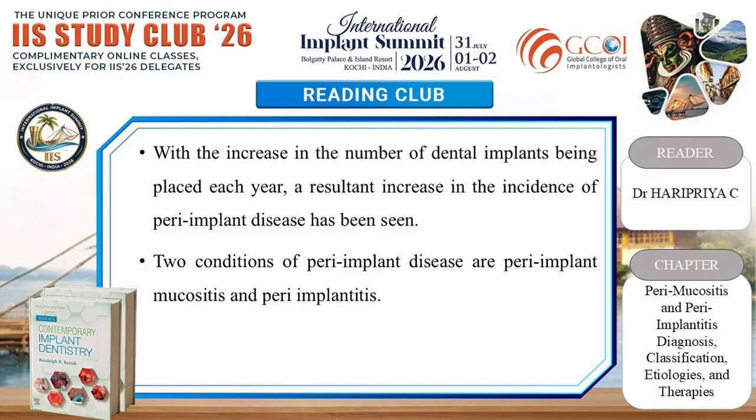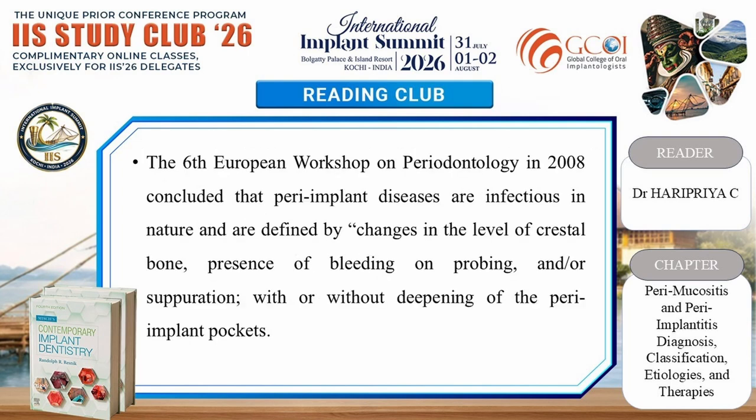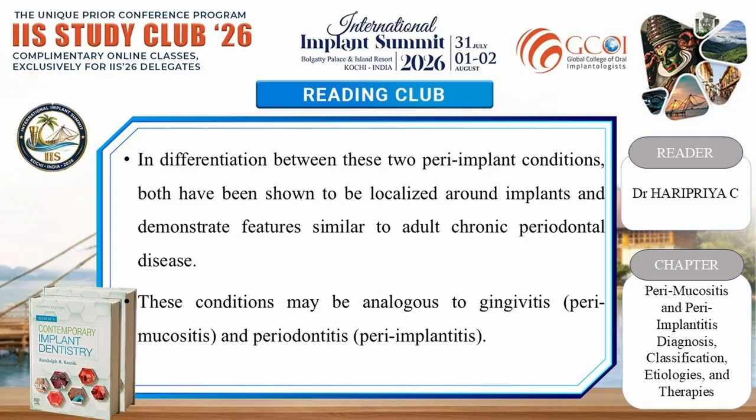Two conditions of peri-implant diseases are peri-implant mucositis and peri-implantitis. The 6th European Workshop on Periodontology in 2008 concluded that peri-implant diseases are infectious in nature and are defined by changes in the level of crestal bone, presence of bleeding on probing or suppuration, with or without deepening of the peri-implant pockets.